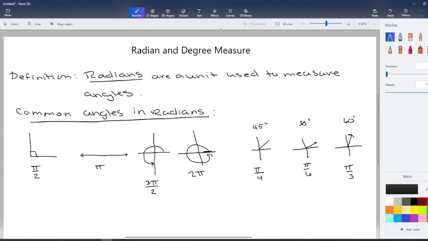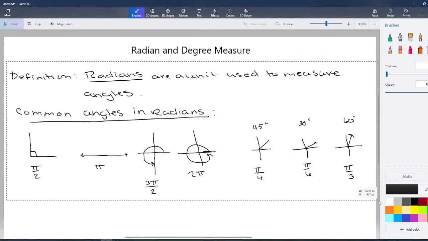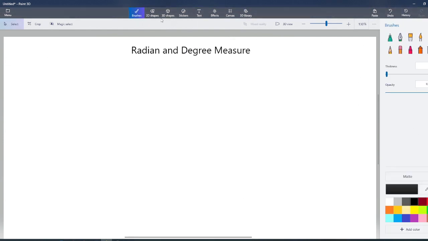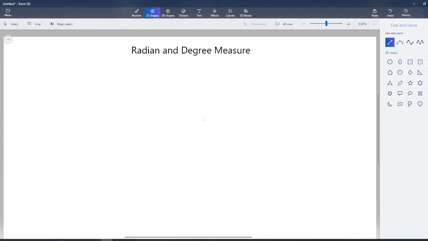So what I want to do now is look at what the quadrants look like with these angle measures in radians shown on them. Okay, so let's go ahead and we're going to make a basic Cartesian plane here.